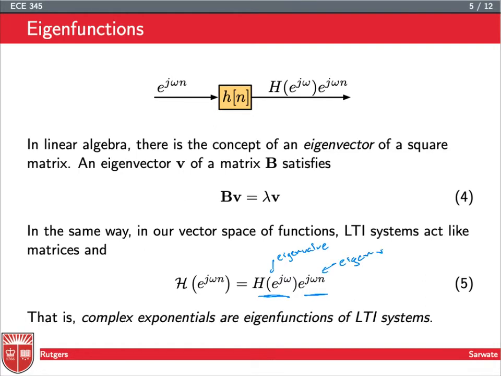Since we think of signals as functions, we call them eigenfunctions. So the statement we'd like to say is that complex exponentials are eigenfunctions of LTI systems. You stick in the complex exponential, and you get the same complex exponential at the same frequency back, but with a constant multiplication by h of e to the j omega.